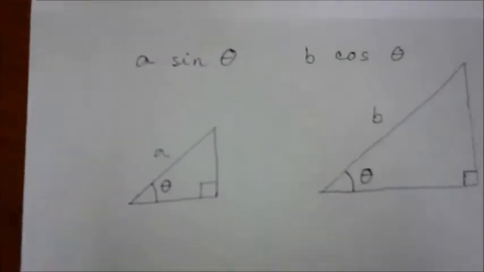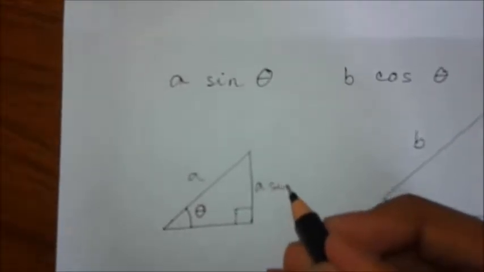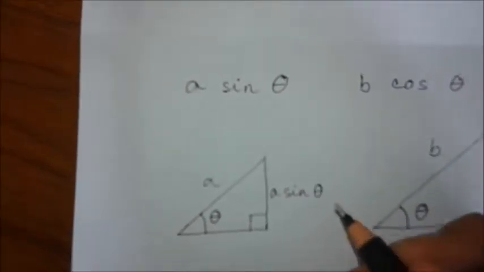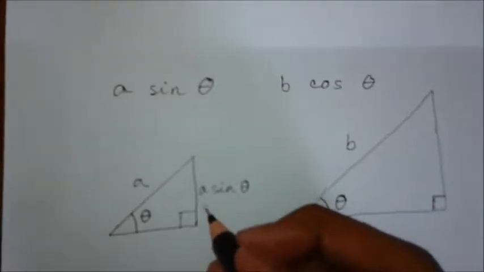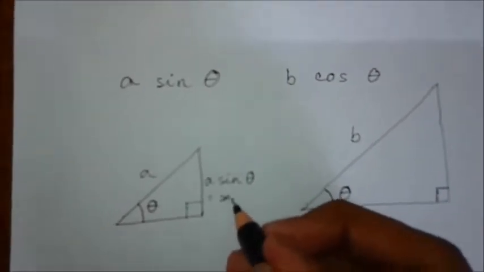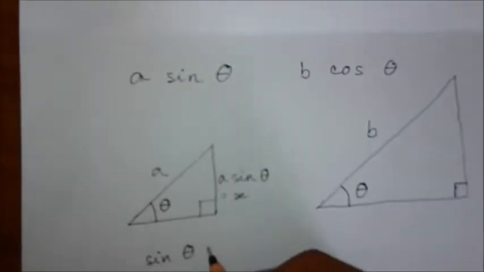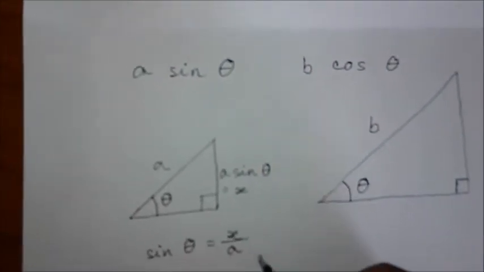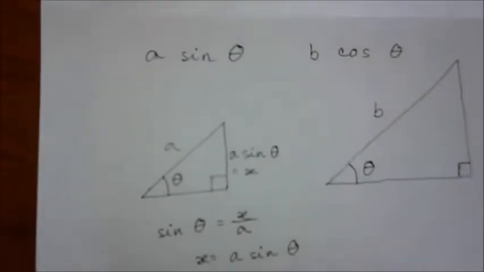So A sine theta could mean the opposite side of this triangle, because if we think of this as let's say x, so sine theta is equal to x by A, because opposite over hypotenuse, so x will be A sine theta.